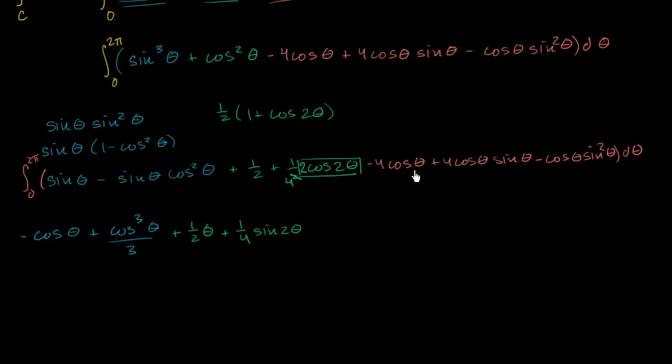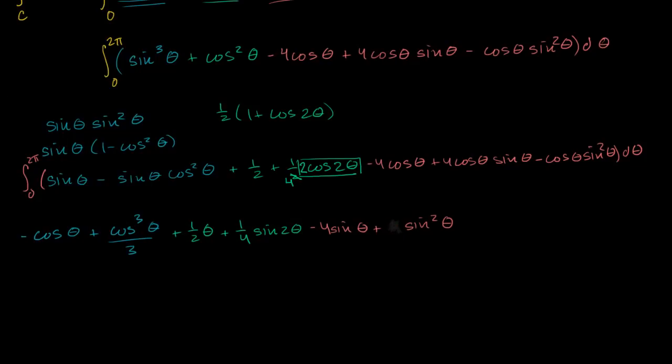And then the antiderivative of cosine theta is just sine theta. So minus 4 sine theta. Antiderivative of this right over here, we can pick whichever way we want to do it. But we could say, well, the derivative of sine theta is cosine theta. So this is going to be the same thing as 4 sine squared theta over 2. Or instead of writing that 4, I'll just divide the 4 by the 2, and I will get a 2.